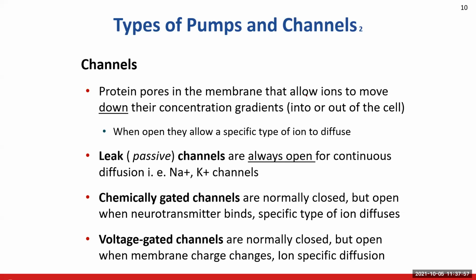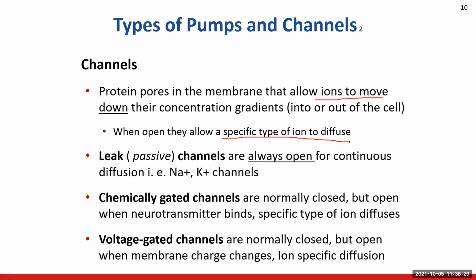They're different now. They're going to allow ions or substances to move down their concentration gradient. Well, good, this is good. That means it'll allow stuff to move in and out of the cell, but it'll move down its concentration gradient. Some channels are always open and some are only open for a brief period of time. When they're open, this is so important that you know this, it's only going to allow a specific type of ion to diffuse.